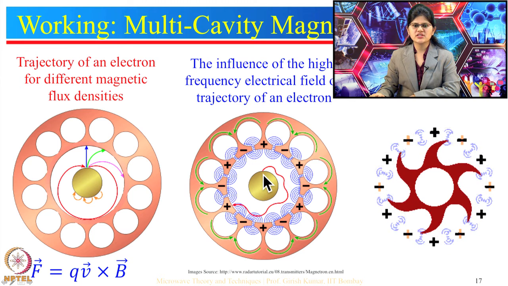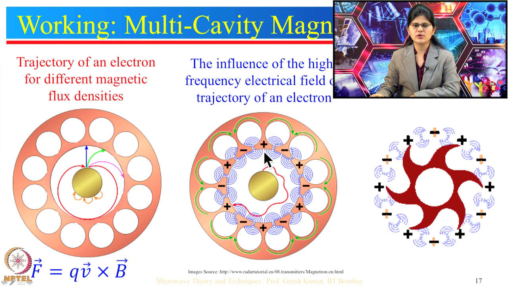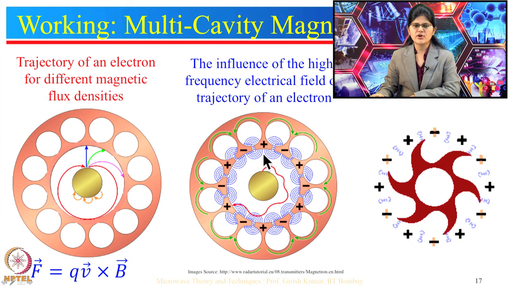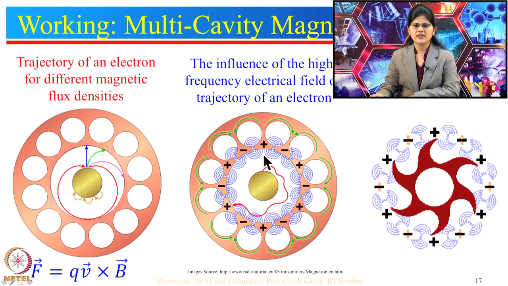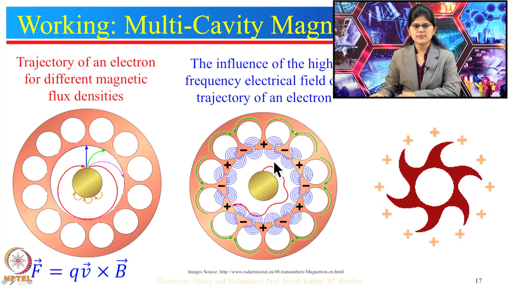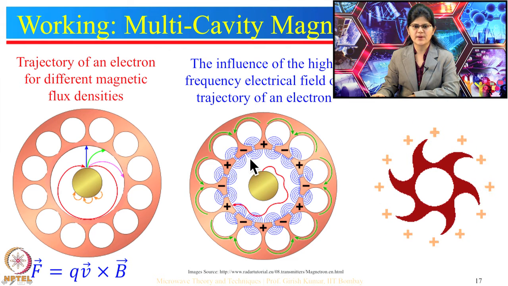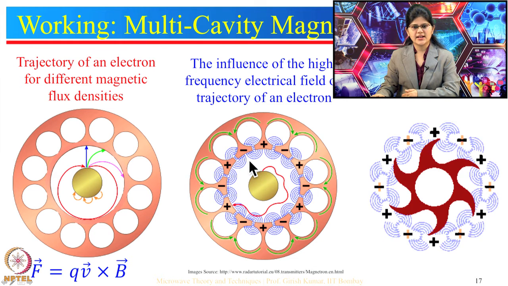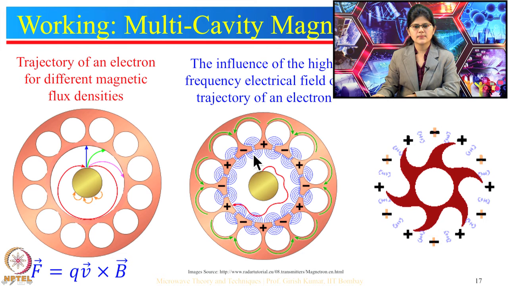So, the electron which moves towards the positive portion of the anode, or the portion which is more positively charged, those electrons will be accelerated and they will be deflected from this anode, and the electrons which move towards the less positively charged part of the anode, those electrons will be decelerated and their energy will be transferred to the AC field present there.